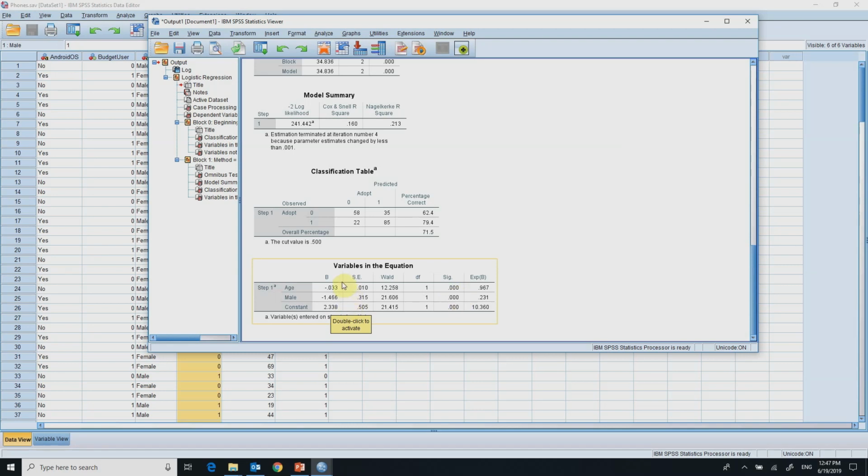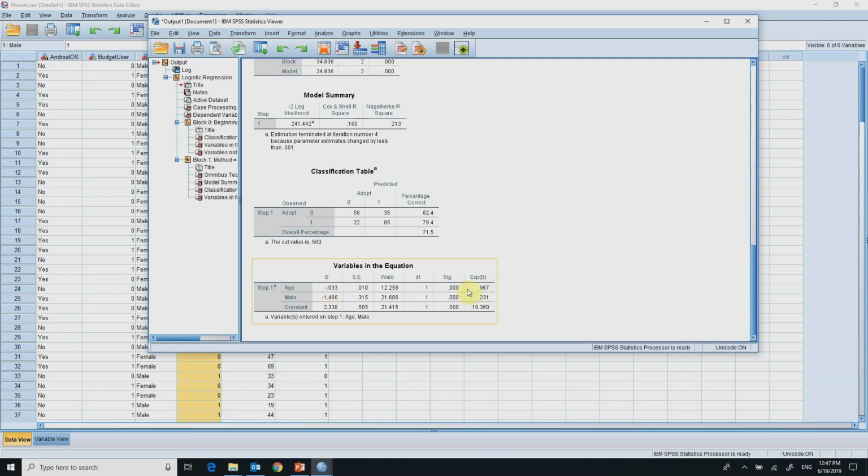Because logistic regression is a likelihood model, the beta coefficients represent the log of the odds. A negative log of the odds represents a decrease in the likelihood of the outcome variable. A positive log of the odds represents an increase in the likelihood of your outcome variable.